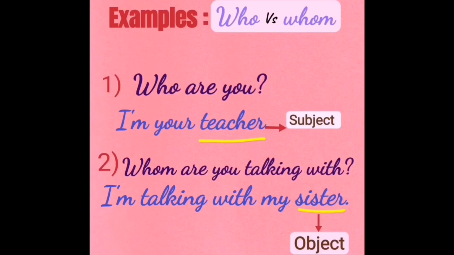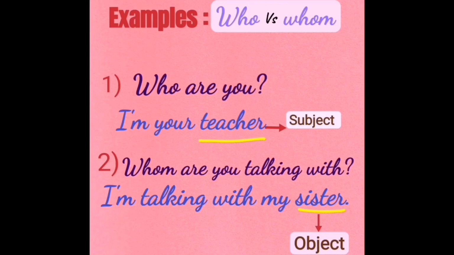Let's see some instances. Number 1. Who are you? I'm your teacher. So see here, the teacher is the subject in the sentence. So who refers to teacher, who is the subject. Number 2. Whom are you talking with?